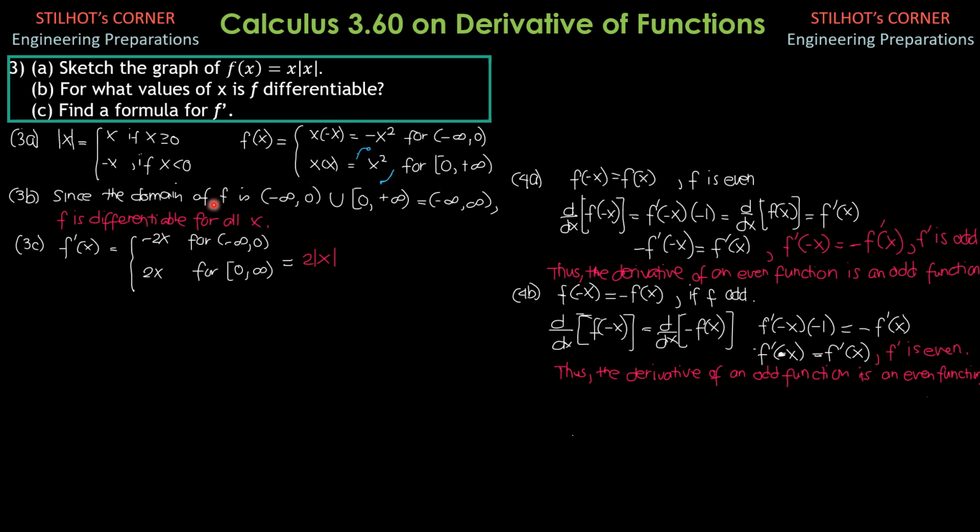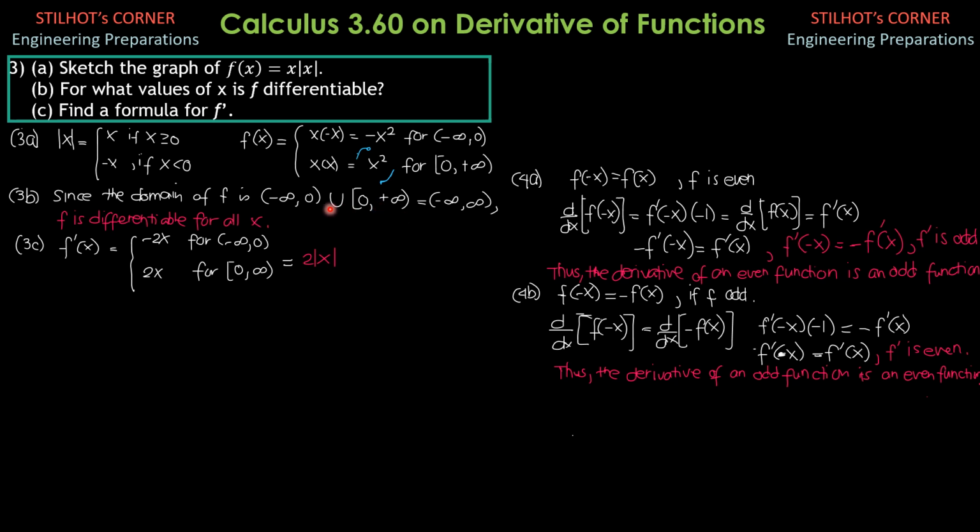So the domain of f is negative infinity to 0, excluding 0, union 0, including 0, to positive infinity.